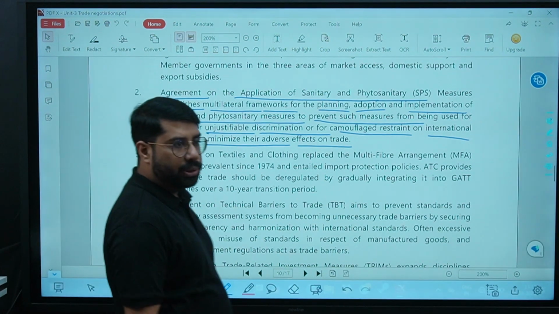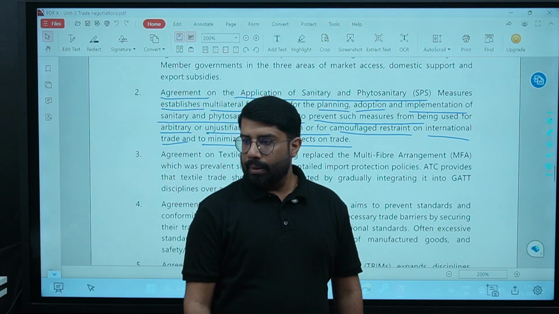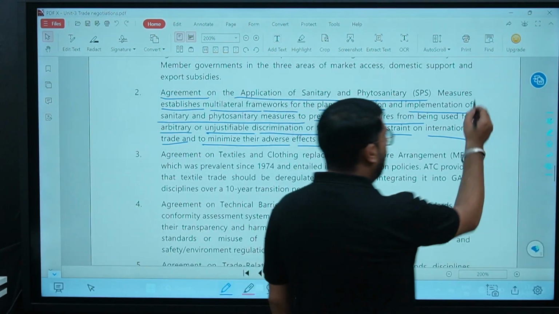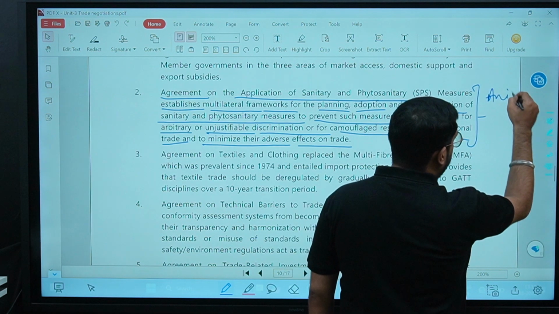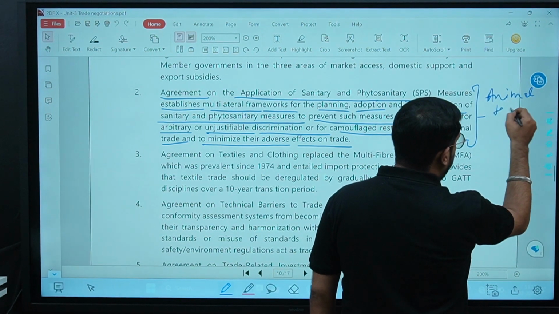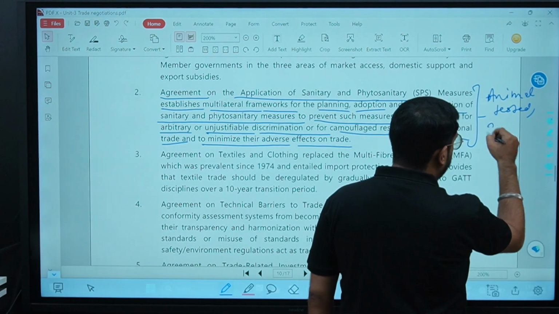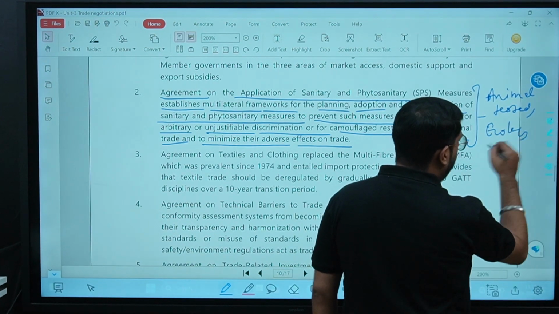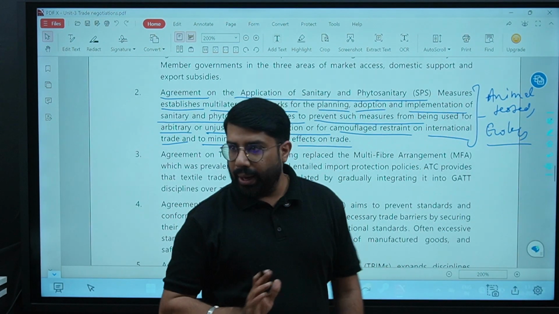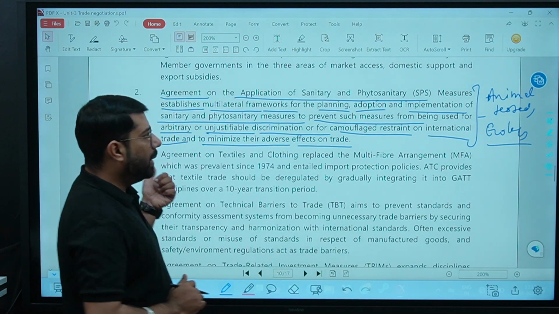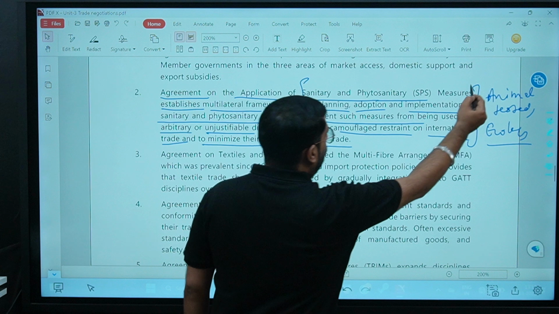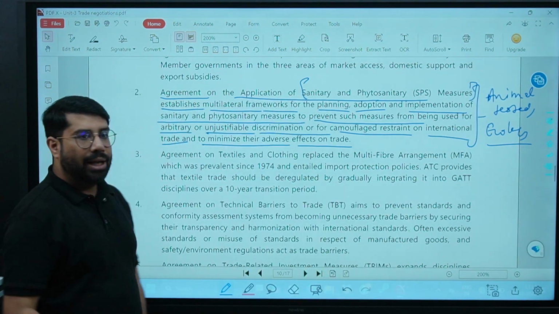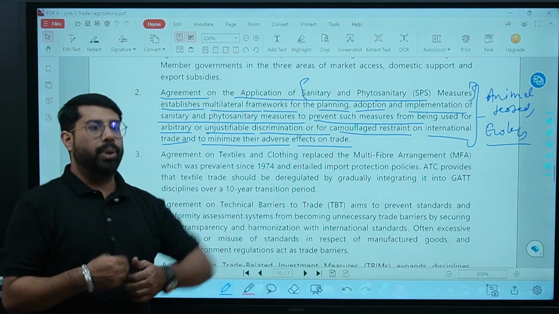You remember SPS measures? SPS measures were like the goods should not be animal tested, they should not disturb the ecology, they should not create pollution, etc. Right? So the second type of agreements are the agreements on the basis of SPS measures, so that international trade is not going adverse.